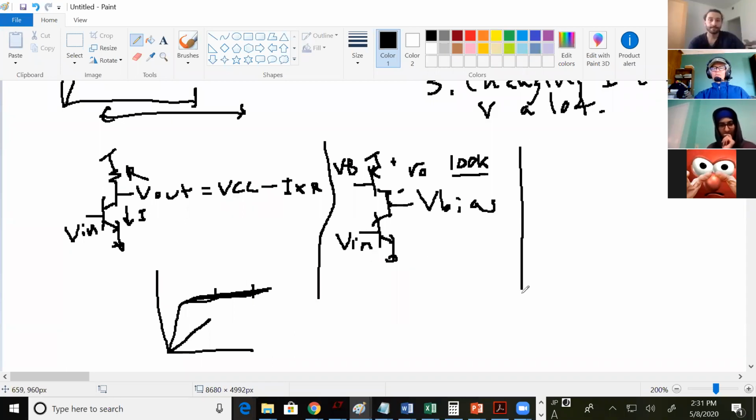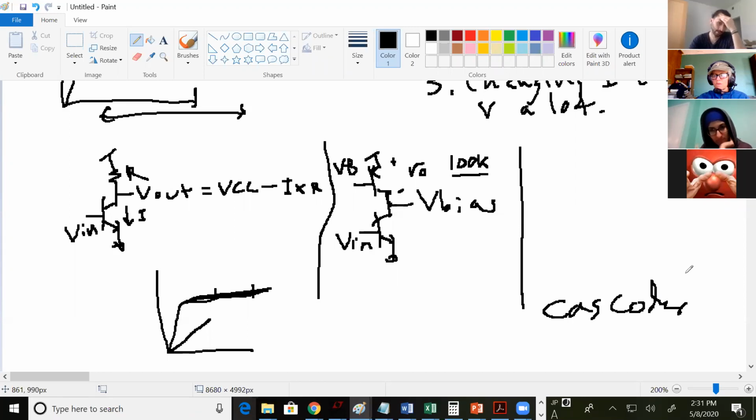All right, so how can you use cascoding to increase the gain even more? The resistance of cascoding is generally that of a BJT, even more than a BJT. We haven't done the derivation for a cascoded BJT yet. I was going to put it on the next homework, so I won't do the work here.